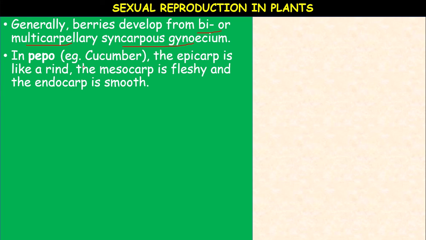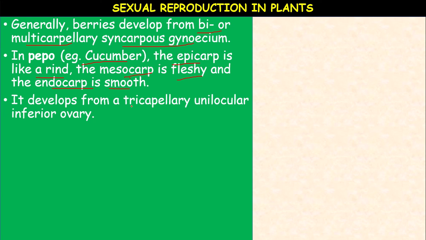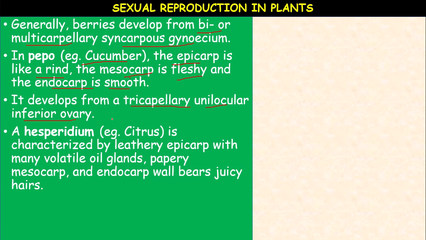In pepo, for example cucumber, the epicarp is like a rind, the mesocarp is fleshy and the endocarp is smooth. It develops from a tricarpellary unilocular inferior ovary. Three carpels are present.